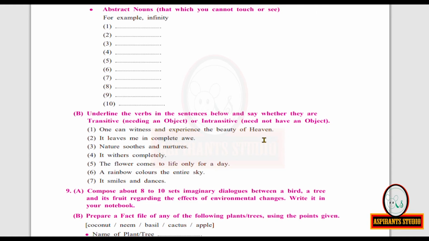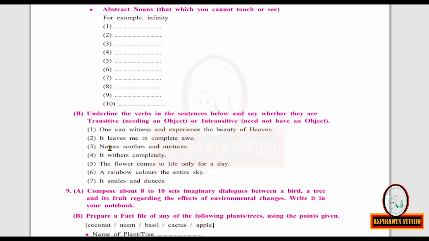It has an object. So these verbs are transitive. So in the answer, you can write, put a hyphen and write: pick out can witness and also pick out experience and write transitive verbs. Put a hyphen and write transitive verbs.